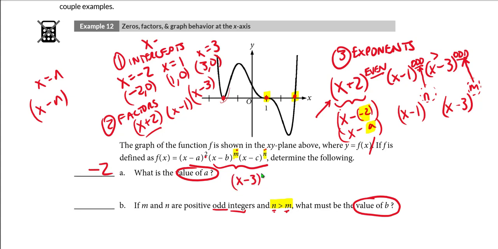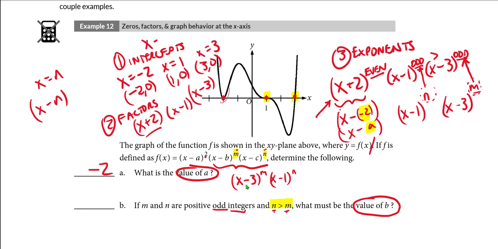X minus 3 has got to have the m exponent, and then x minus 1 has got to have the n exponent. Now keep in mind, we don't know what m and n are, but it's not necessary to know what m and n are. All that's being tested here is the relative size of m and n, and that will be the case on a lot of these questions. You won't necessarily need to know what those exponents are.